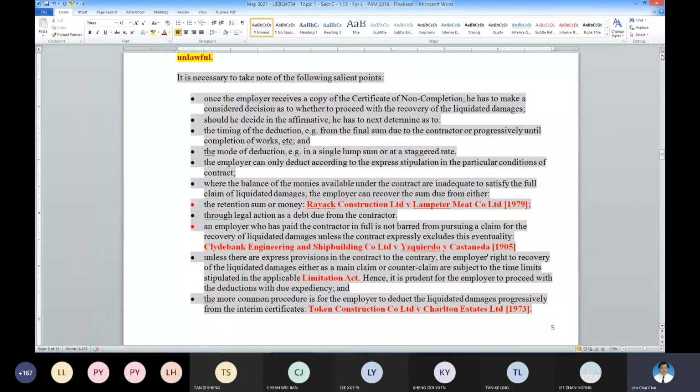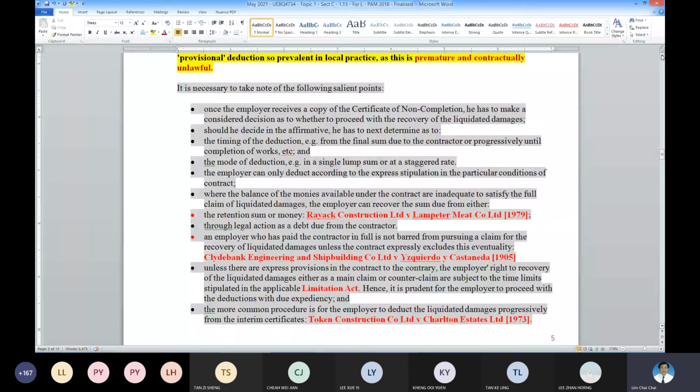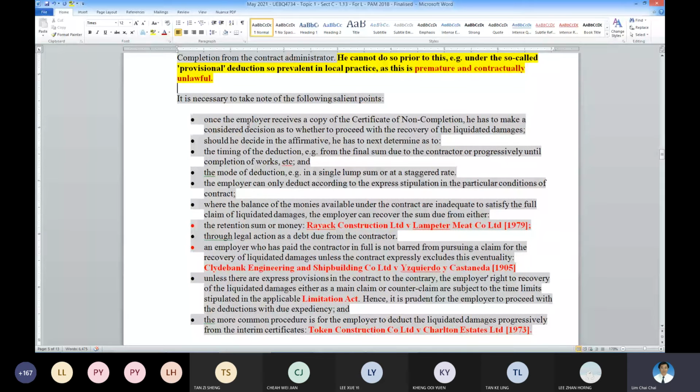So what are the important points for the employer to be able to deduct properly? First of all, there must be a CNC issued, and the contractor receives a copy, the employer receives a copy.